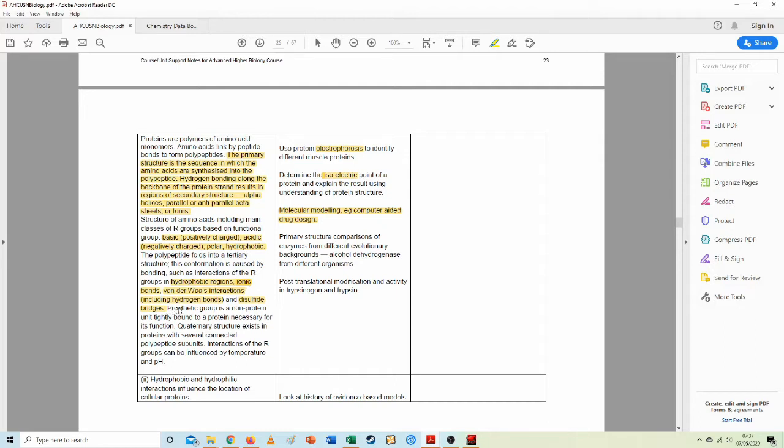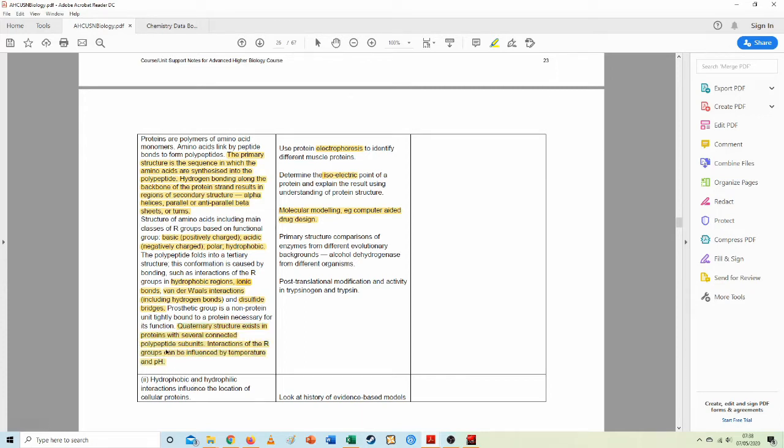Prosthetic groups. This is a non-protein unit that is added to finish off the functional protein, essentially, and that produces our quaternary structure, and that is basically the protein that can go on to do its job.